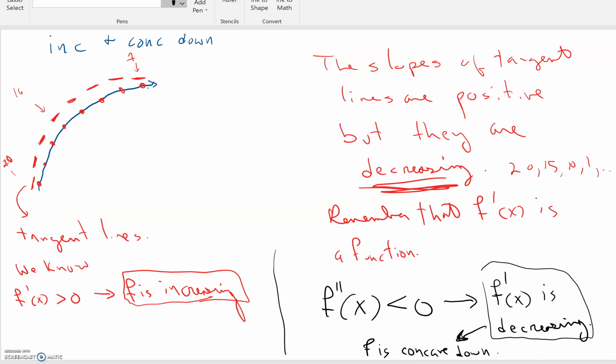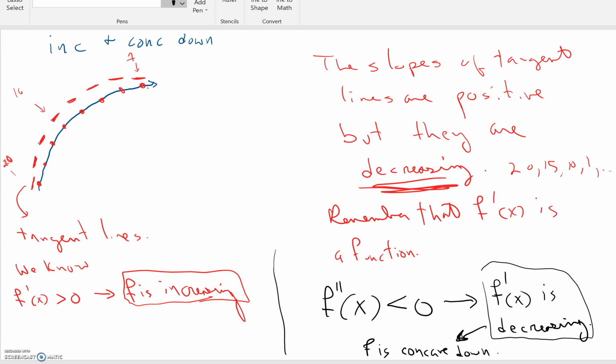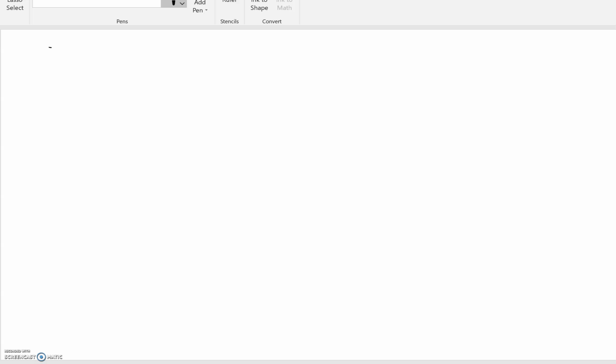Now this is true even if I drew a decreasing and concave down picture. In fact, let me draw one so you'll believe me. So we were looking at increasing and concave down. Here's decreasing and concave down. Again, let me draw my little tangent lines. What are they doing? Imagine what kind of slopes we have here.